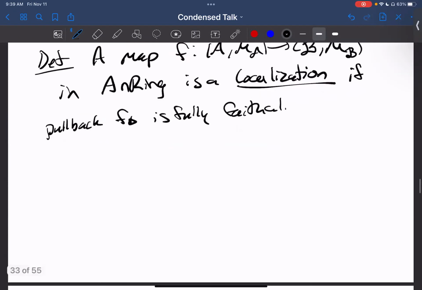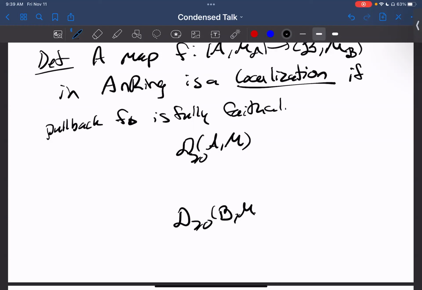So what does this say? This says that here I have this category up here. Down here I have the same thing on B. And I can take the forgetful functor, and this is fully faithful.